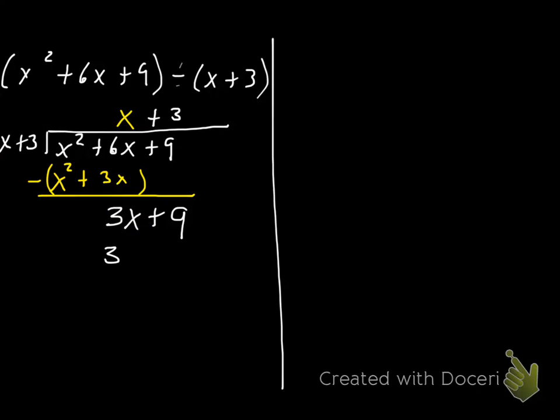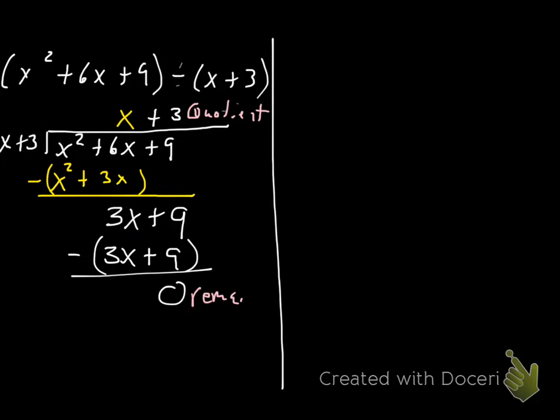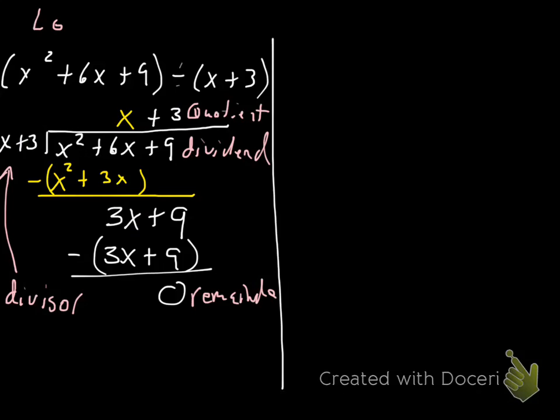X times 3 is 3x, and 3 times 3 is 9. We subtract, and we get a remainder of 0. So our answer, the x plus 3, is called our quotient. And then our remainder is what we end up with. The dividend, the divisor, the quotient, and the remainder are the four pieces of a division problem.